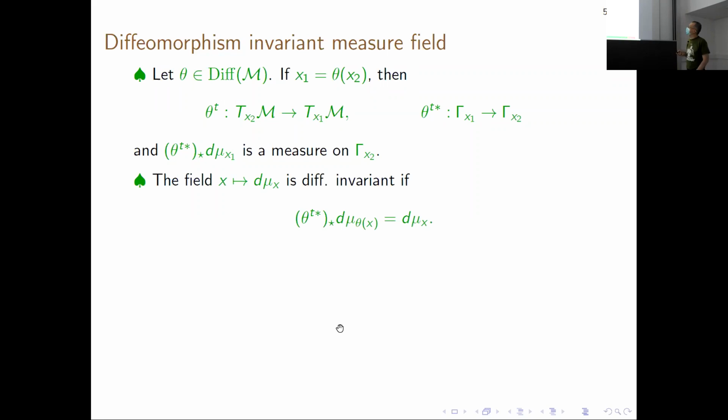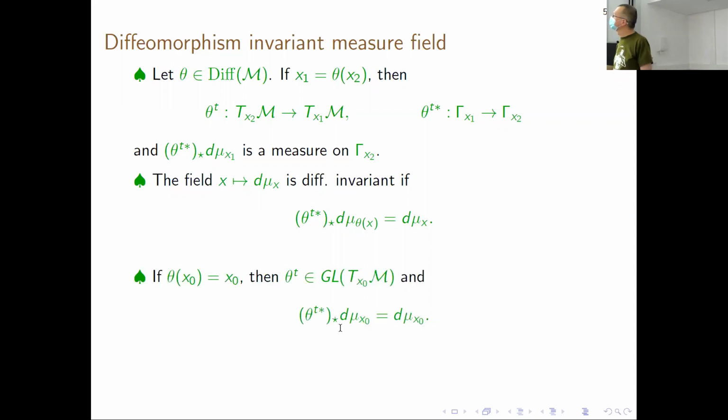Okay, so now I will say that this field is diffeomorphism invariant if the following equation holds for every point of the manifold. And of course, for every diffeomorphism. So this is very strongly required.